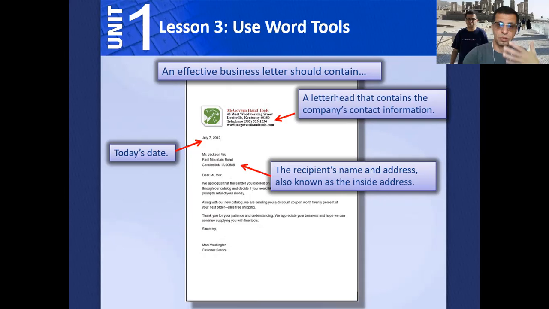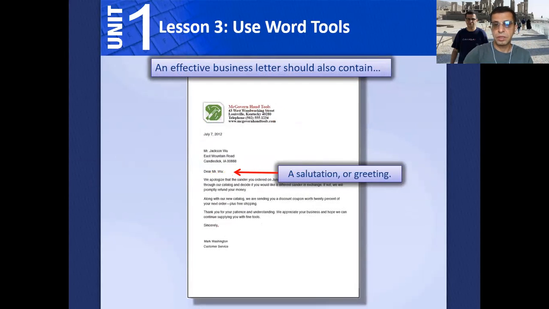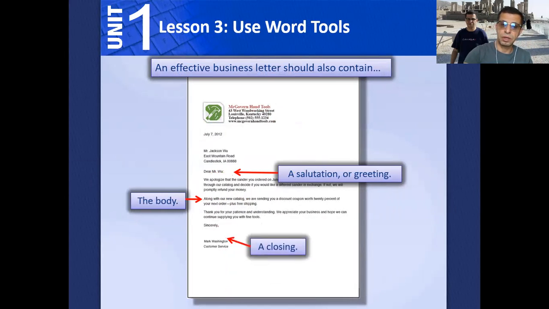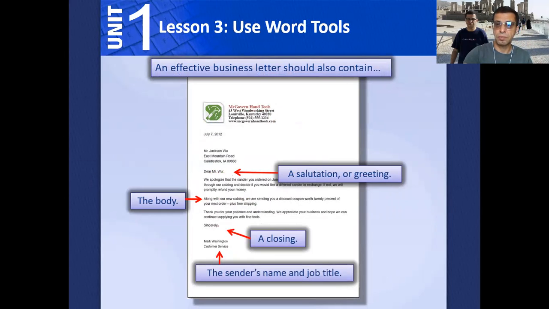The outside address is on the envelope, and the inside address is on the letter. Then a greeting or salutation, and then the body of the letter. And don't forget in the end, there is a closing, plus the sender name and job title.